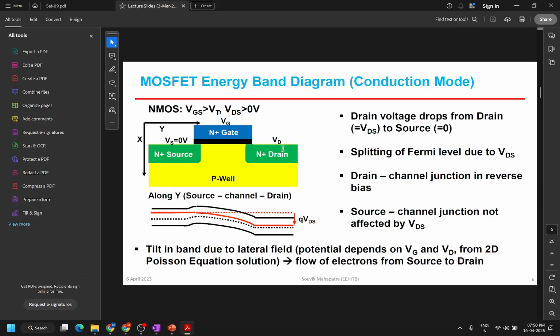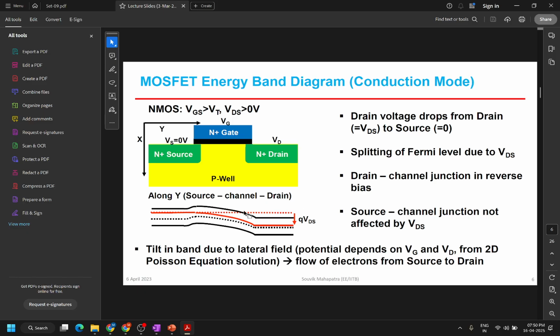And you can see if you bring a voltage on your drain, now your band looks like this. Your drain goes down because you have applied a positive voltage on your drain, and now your complete barrier looks like this. So now you can have an electron flow from your source to your drain.